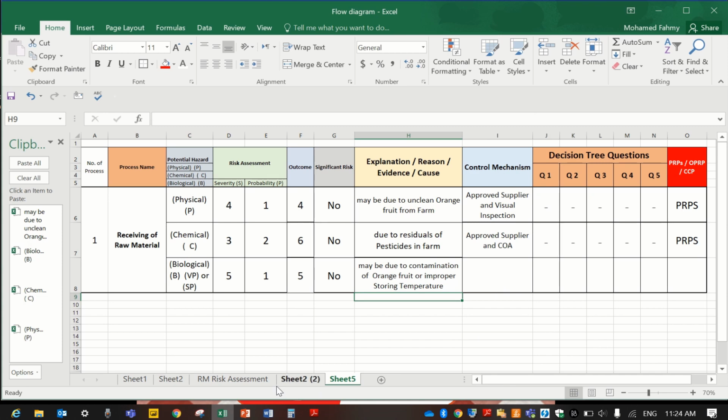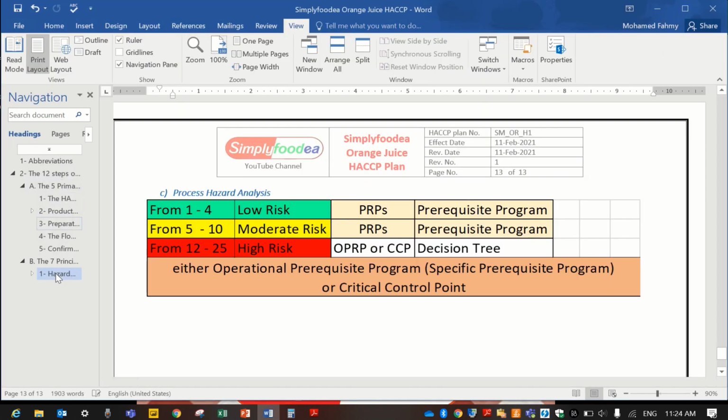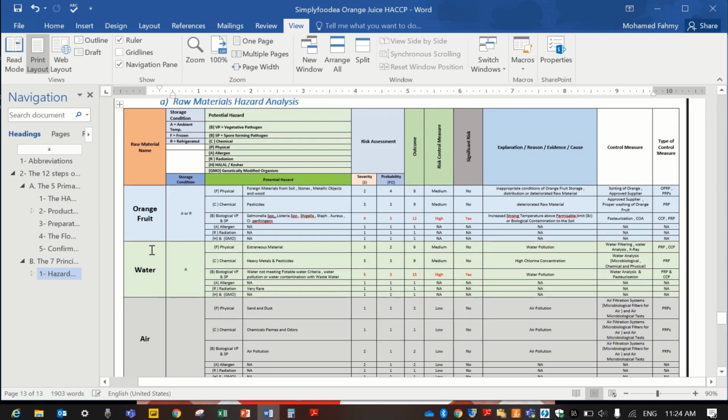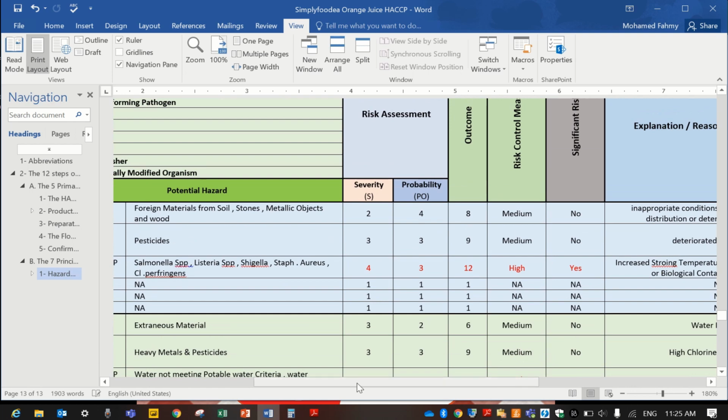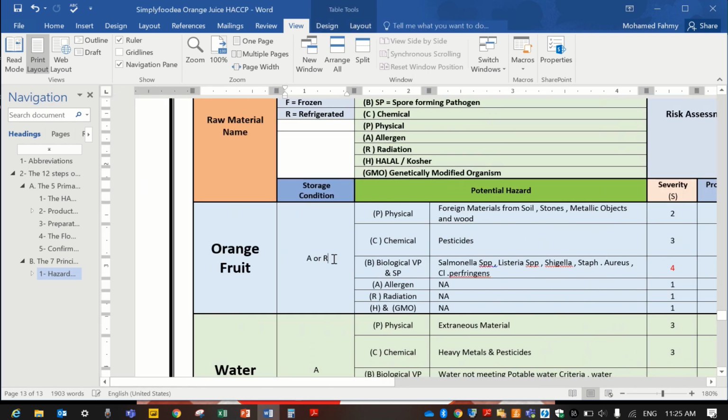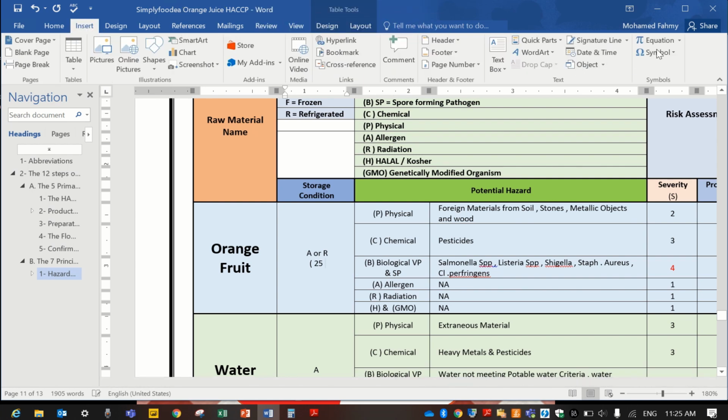There's a small hint here that is very important in the hazard analysis of the raw material. When we mention here in the orange fruit that it is ambient temperature or refrigerated, we must mention exactly the temperature. For example, ambient temperature is 25 plus or minus 5, in case of ambient.